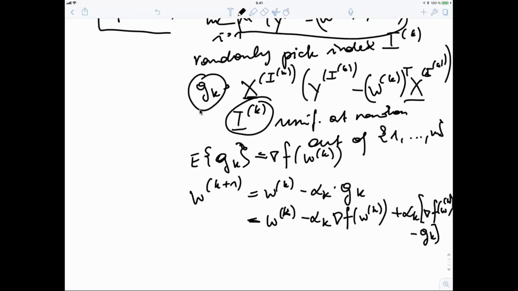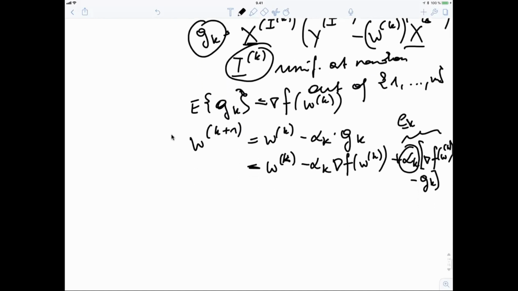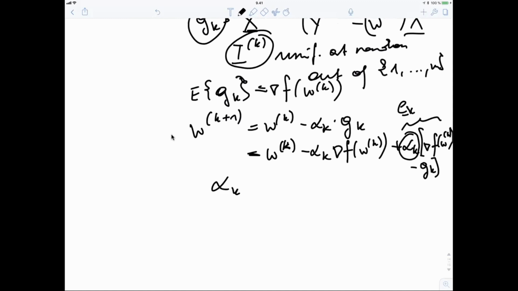So stochastic gradient descent is an instance of perturbed gradient descent, where the perturbation, and this is the important property here, is scaled by alpha k, which is the step size or the learning rate, which we can control. So by making the step size small, we can make this error smaller in stochastic gradient descent.